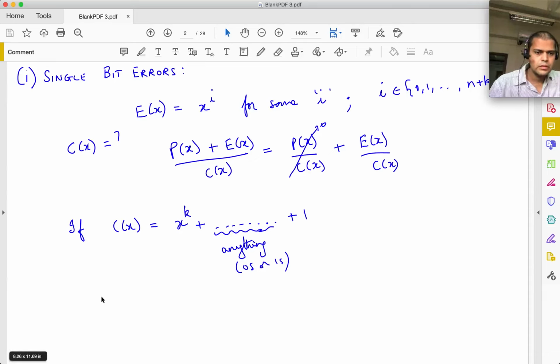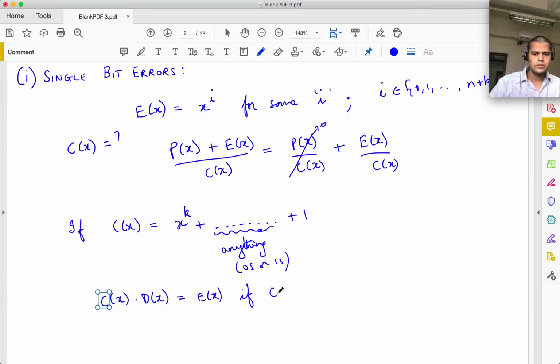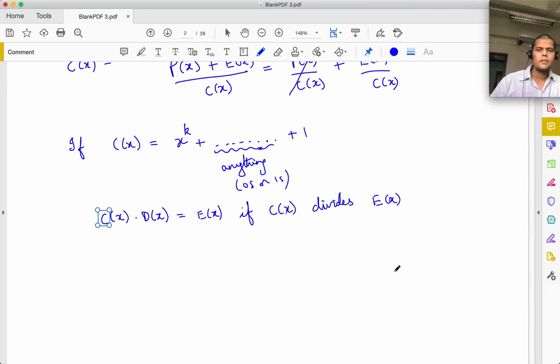It means that C of x multiplied by something else, let's call it D of x, is equal to E of x. We should have something like this if C of x divides E of x. So is this even possible?